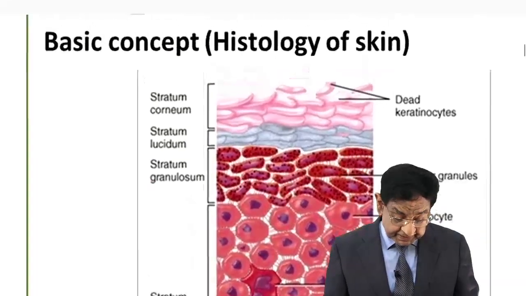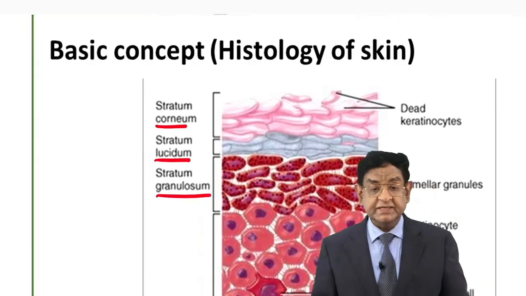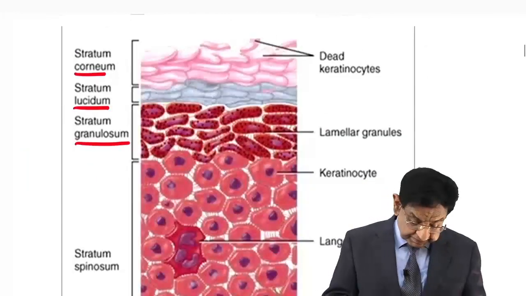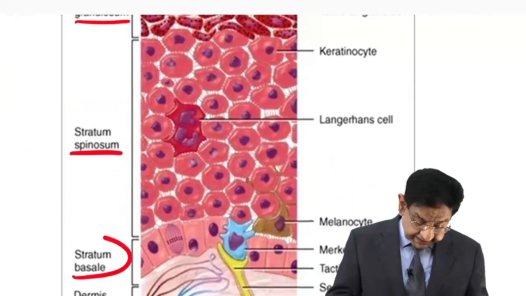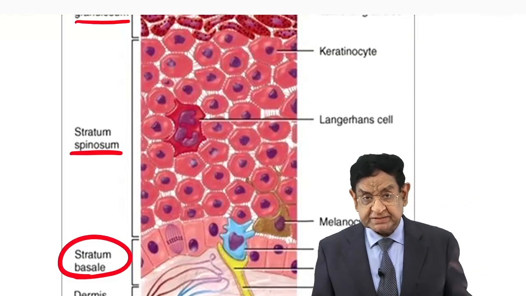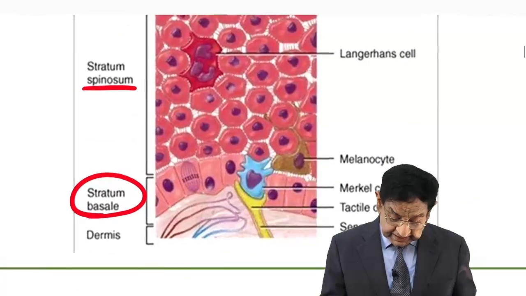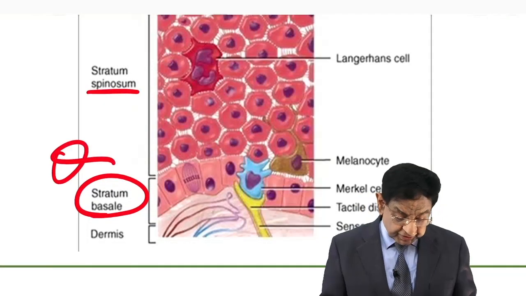In the epidermis, we have the stratum corneum, stratum lucidum, stratum granulosum, spinosum, and the bottommost is basale. It is the base, the bottommost base. It is this layer which makes vitamin D, a commonly asked question.